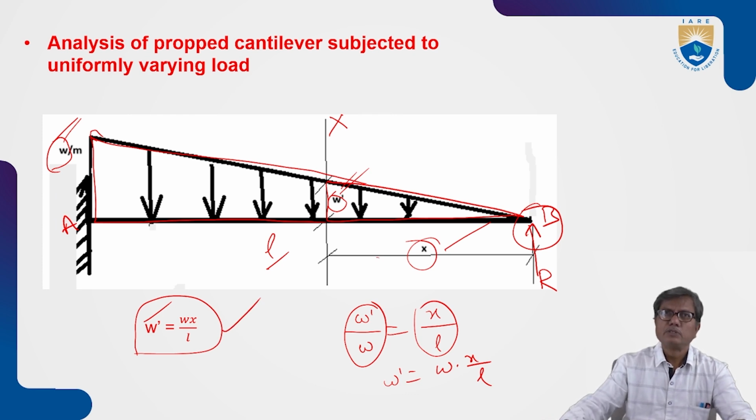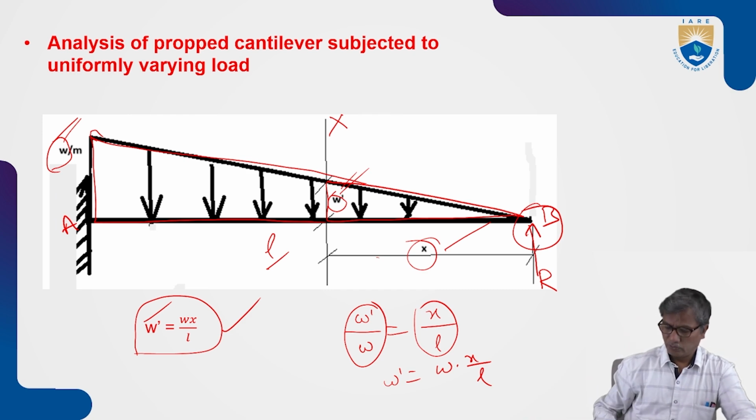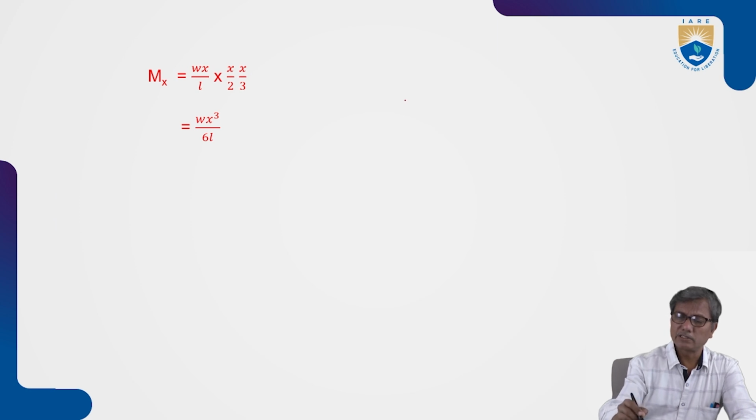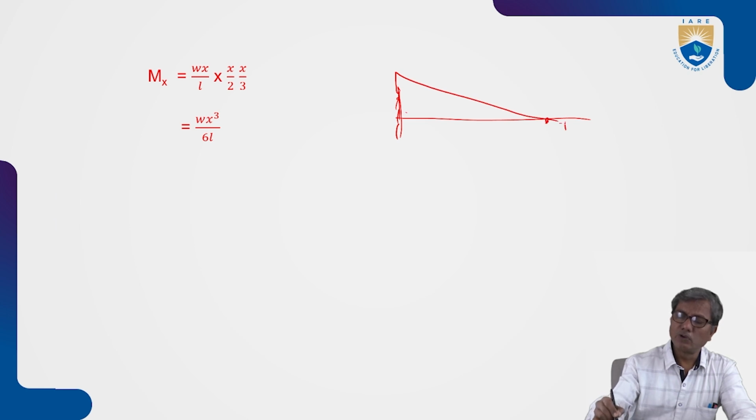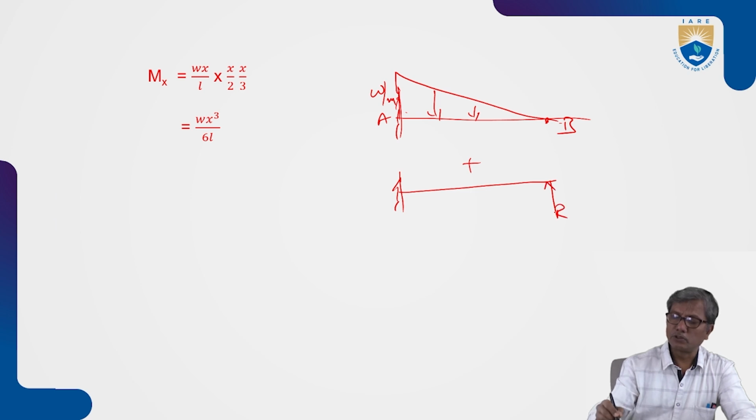Now, to find the deflection at B due to the uniformly varying load, we consider this as the combination of two loads acting on the cantilever. One is the uniformly varying load and the other one is the prop reaction acting upwards.